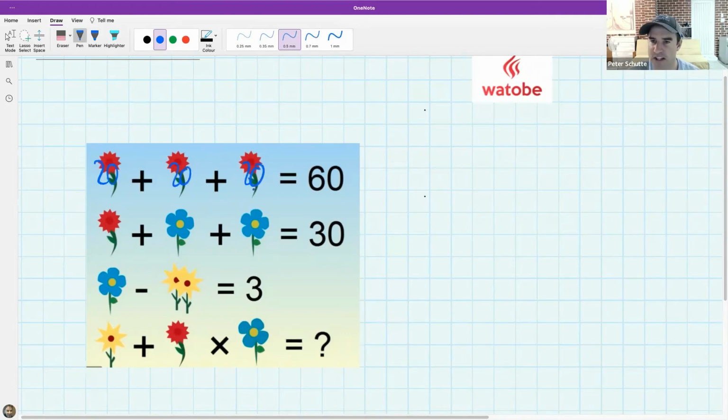I do see that Lisa has said that it's 20 for the red rose, or the red flower. What is the blue one going to be? I think it's going to be 5, based on what I'm seeing. Yes, Jabulile, I agree with you.